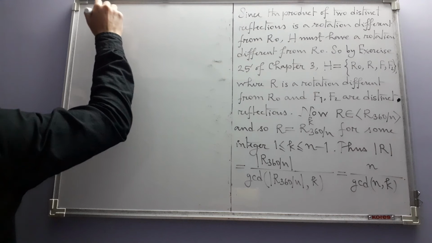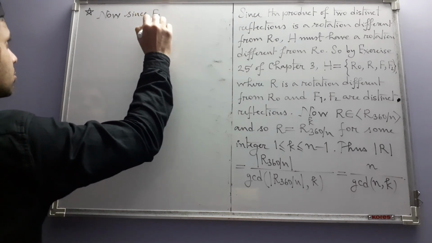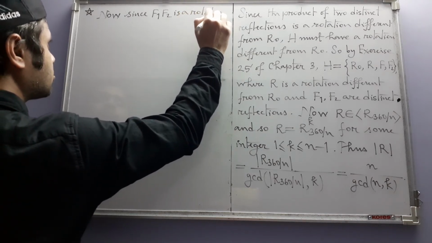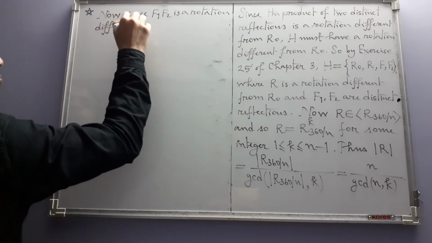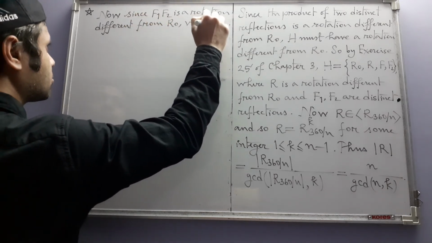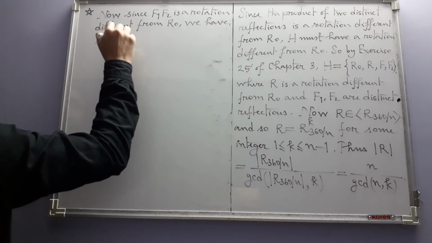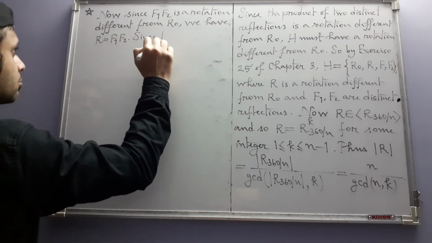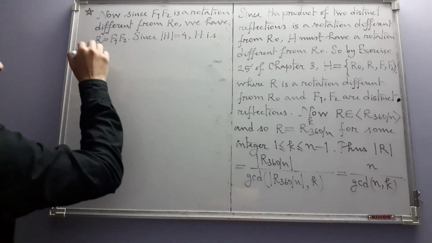Now since F1 F2 is a rotation different from R0, we have F1 F2 equal to R. Since H is of order 4, H is abelian.